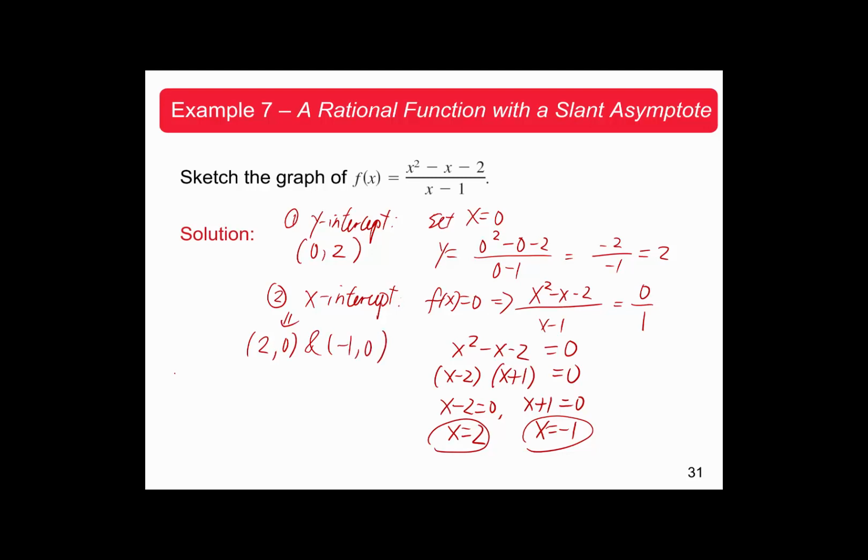And then the third step is to find the vertical asymptote. By setting x minus 1 equal to 0, we get x equals 1. That's the vertical asymptote. And for the horizontal asymptote, there's no horizontal asymptote, but there's a slant asymptote.